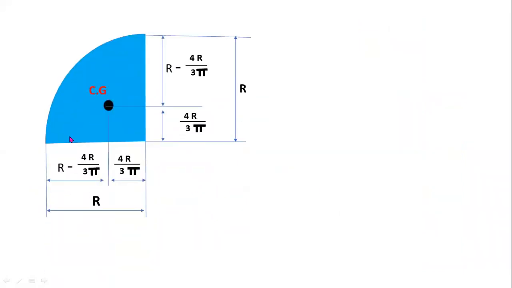Now this is a quarter circle. The centroid of a quarter circle always lies at a distance of 4r/3π from the right angle corner. 4r/3π from the base and 4r/3π from the vertical side.